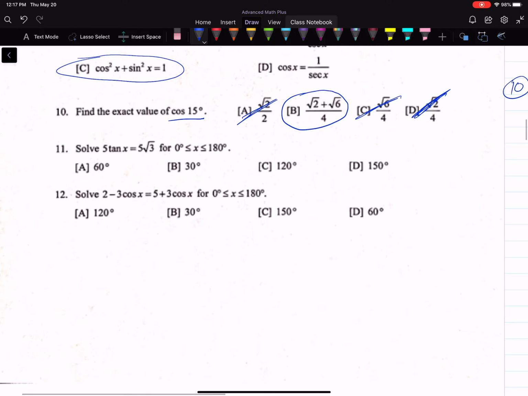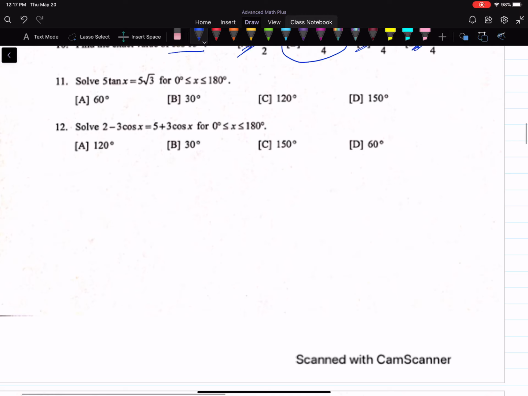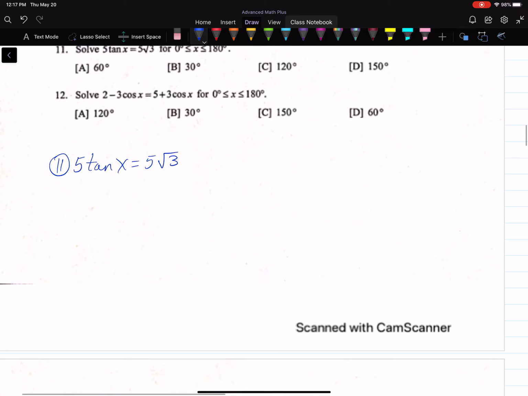Okay. Number 11, we are solving the trig function. These are actually not too bad at all. 5 tangent of x equals 5 square root of 3. We're just trying to get the tangent of x by itself, so just divide by 5 on both sides, and we'll get tangent of x equals square root of 3 because the 5's cancel.